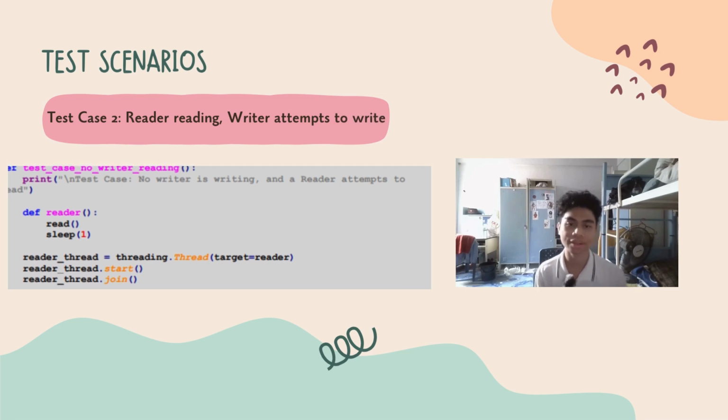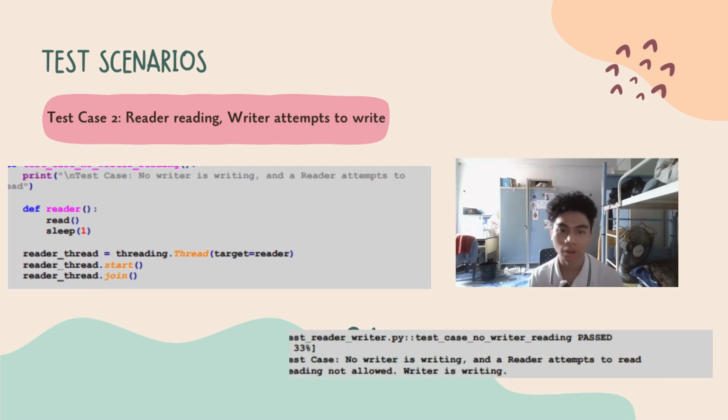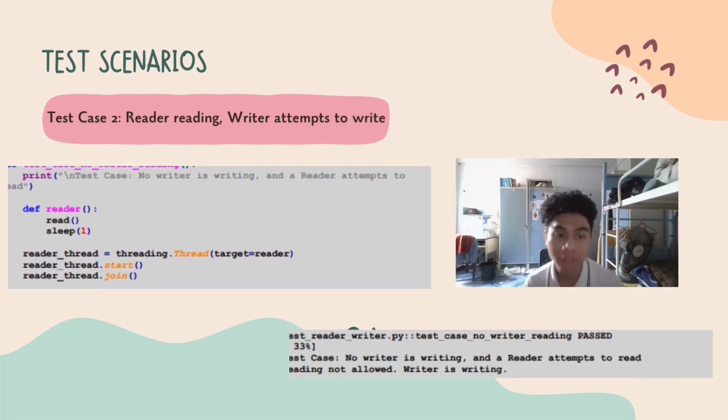Let's continue with test case number 2. No writer is writing and a reader attempts to read. So here, there is no writer currently writing to the file. However, when the reader tries to read, the system checks if a writer is waiting to write.